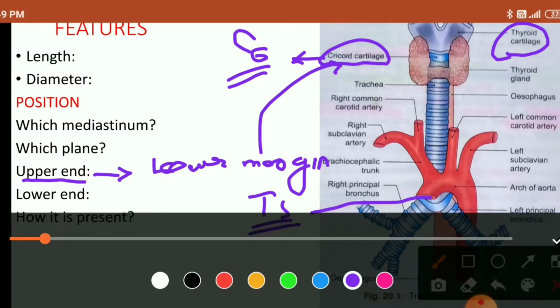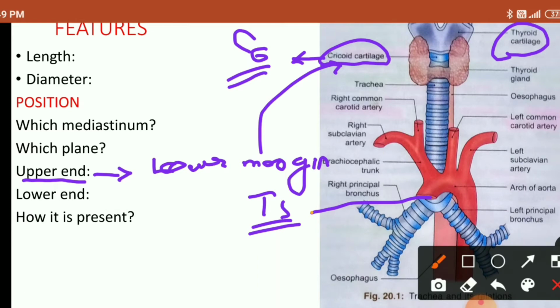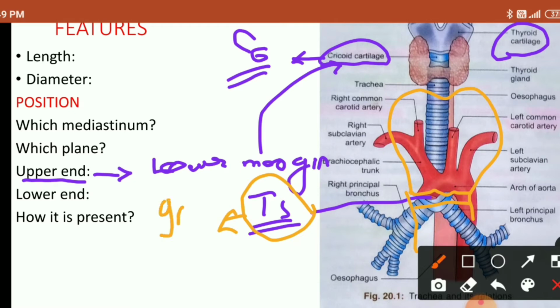Now there is also one interesting point, that this fifth thoracic vertebra also corresponds to the sternal angle of Louis. So we can say that this is the sternal angle of Louis where the trachea bifurcates. Remember, this is a very important anatomical landmark.